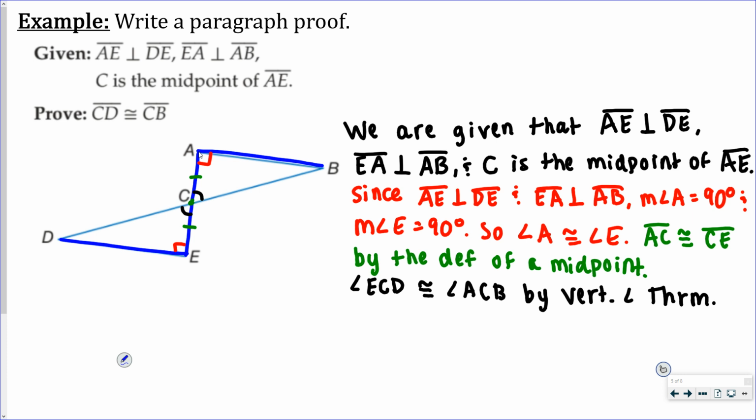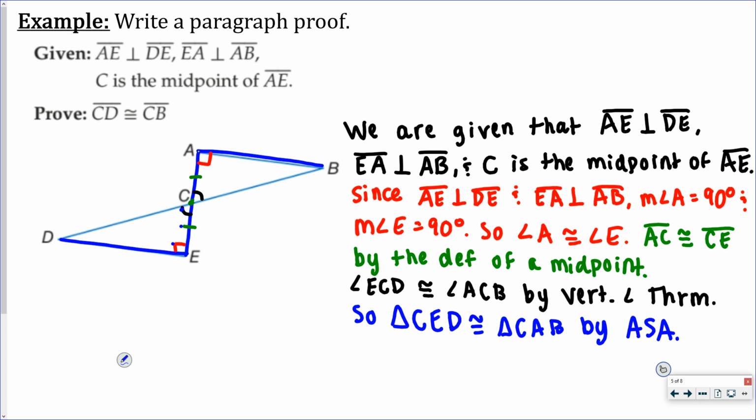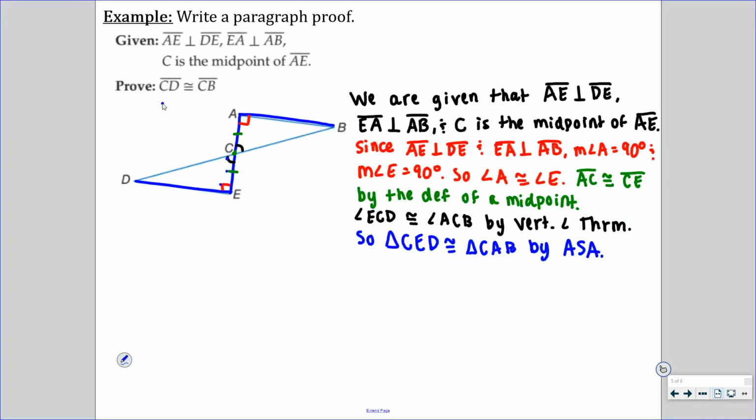All right, now that we've shown 3 congruent parts, what setup do I have here? Angle, side, angle. Is that one of our postulates? Yes. That's one of our new ones. So we could say the triangles are congruent. So triangle CED is congruent to triangle CAB by angle, side, angle. That's one of our new ones. Now, folks, unfortunately, that's not what they asked me to prove.